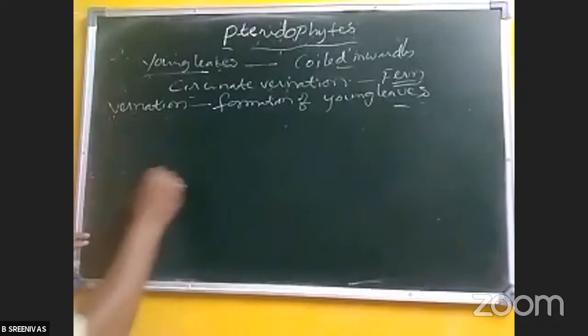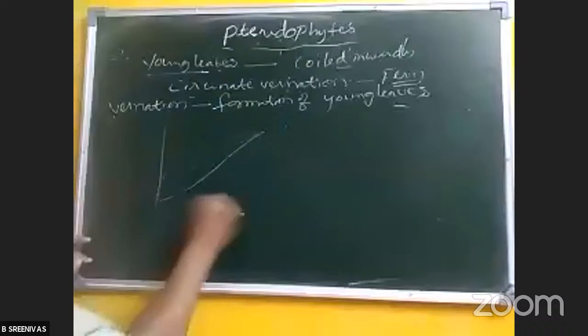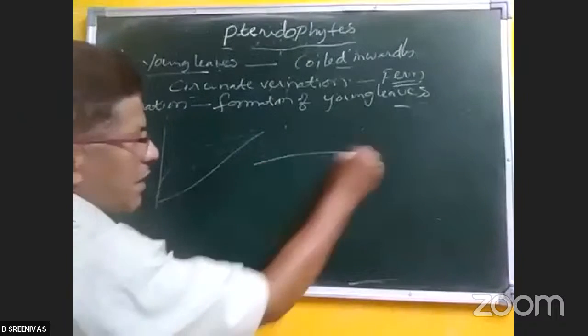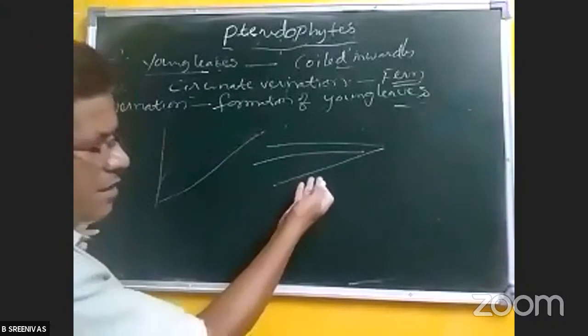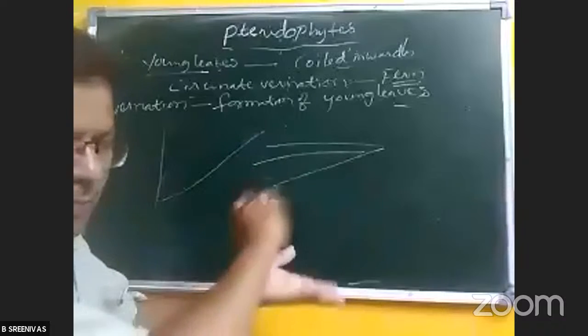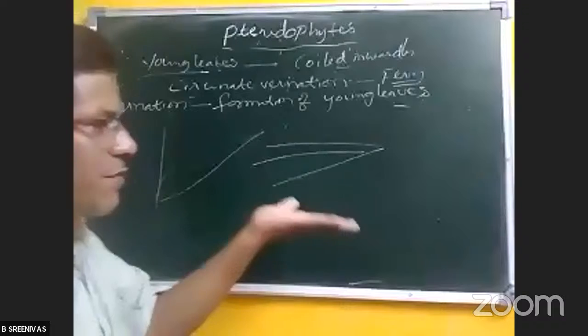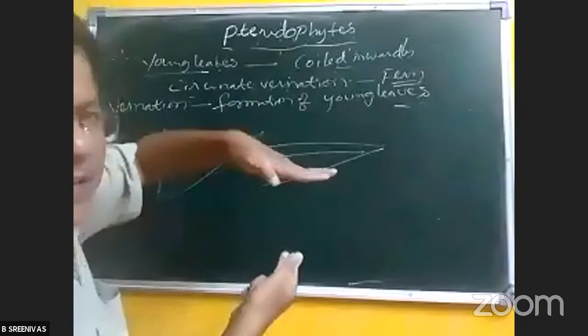Right. Here, if you see the leaf, the leaf is present like this. The lower side of the leaf, for example the abaxial side, is the lower side and this is the upper side. Now we are taking the upward direction. Able to understand? Now we turn the leaf like this.